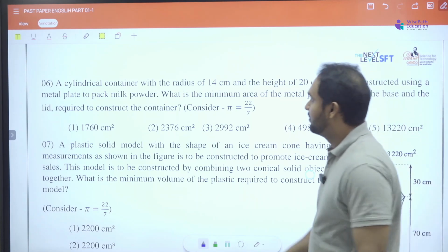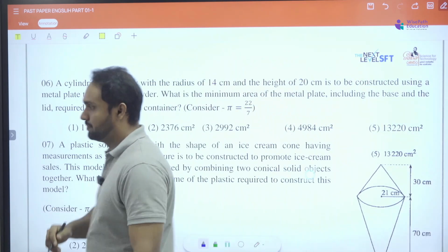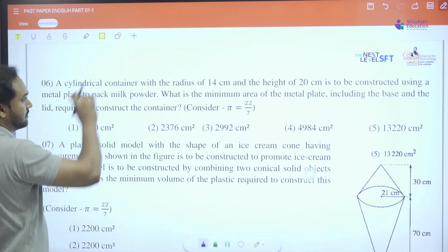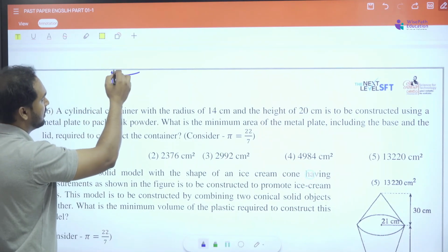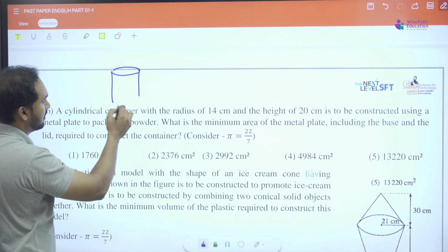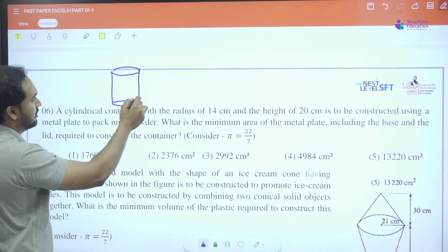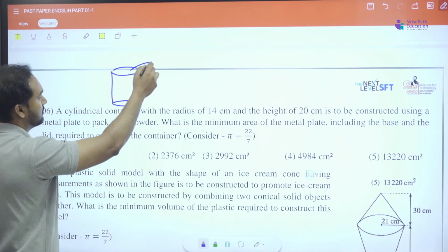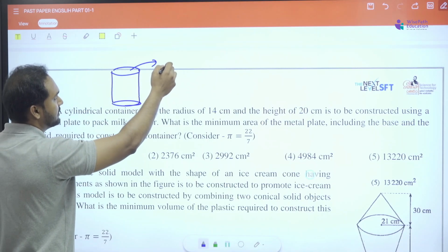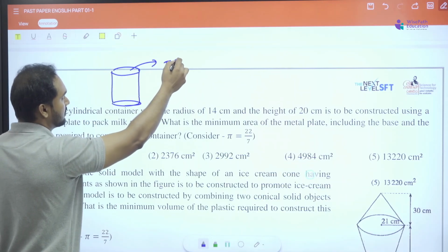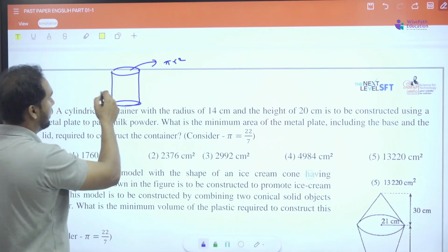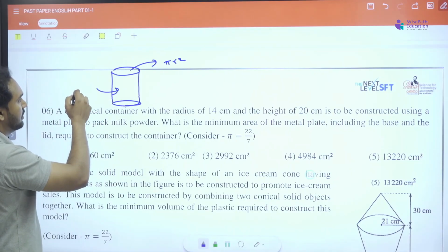So the formulas are, if this is a cylinder, these are the top and bottom areas, that is πr squared, right? And the lateral area is 2πrh.